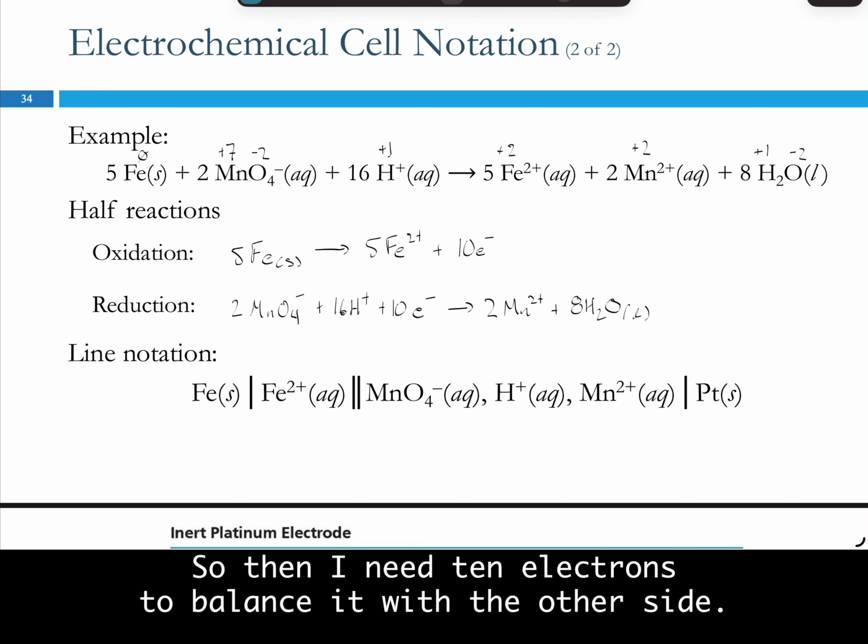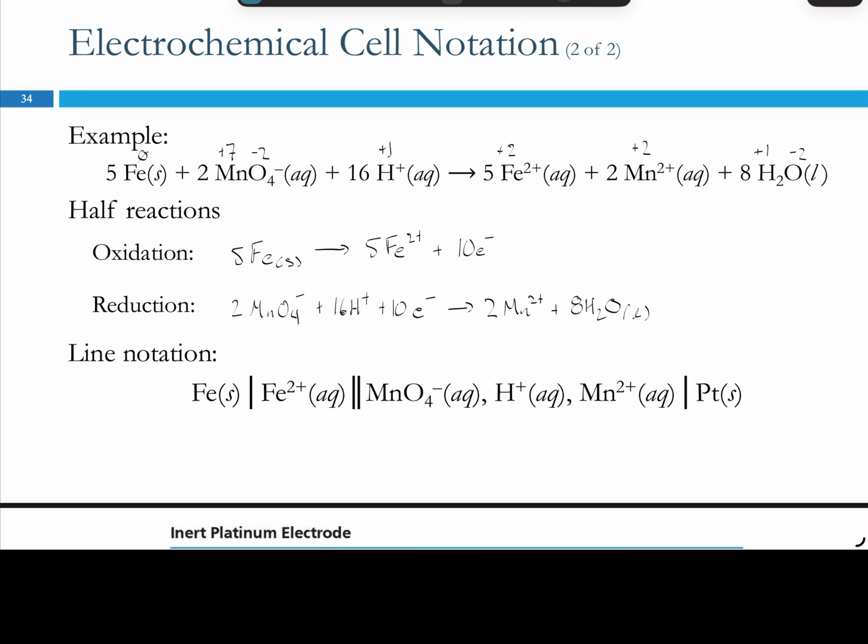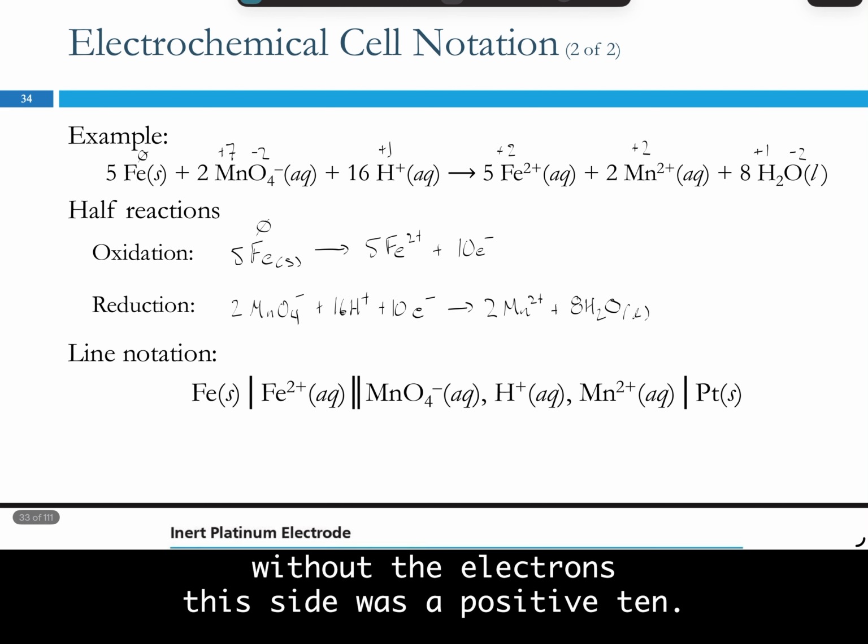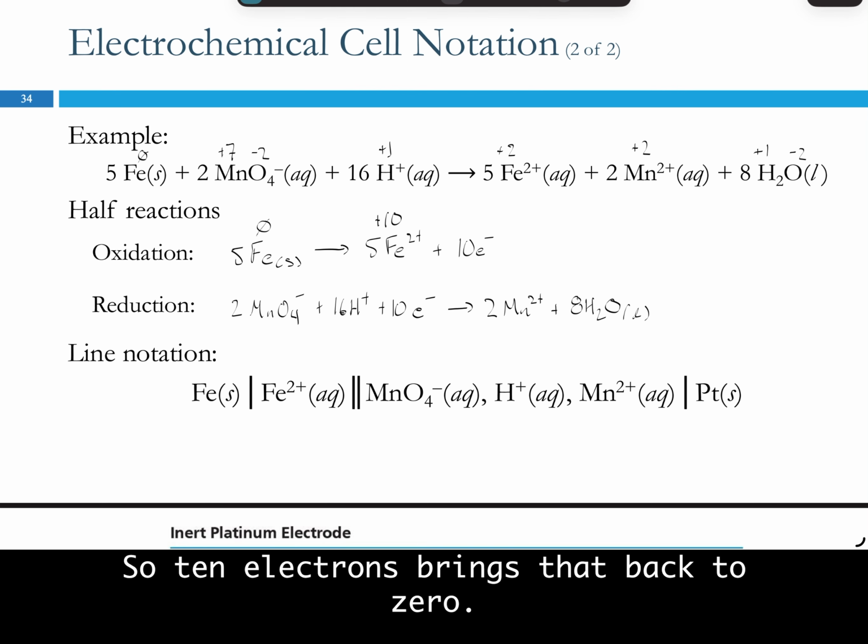So then I need 10 electrons to balance it with the other side. Because this is 0. Without the electrons, this side was a positive 10. So 10 electrons brings that back to 0.